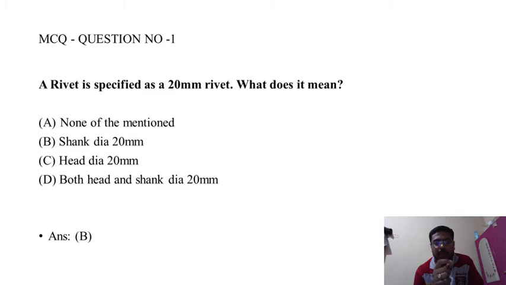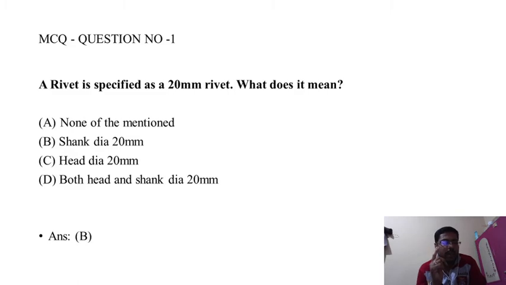And option D, both head and shank dia is equal to 20 mm. Just observe here and tell your answers. Observe the options and tell your answers.